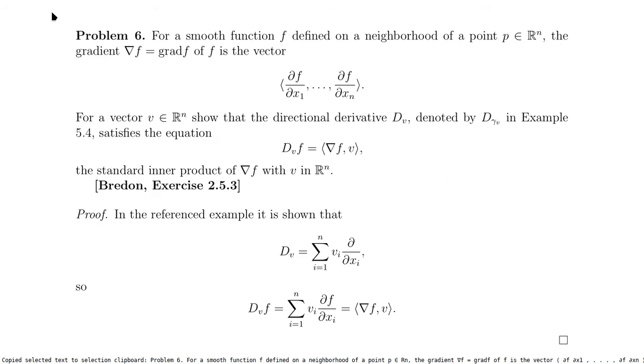Now, if you take a vector v from R^n, you try to show that the directional derivative, denoted by dγ_v from a previous example, satisfies the equation that D_v f is equal to the gradient of f dotted with v. That is the standard inner product of the gradient with the vector.